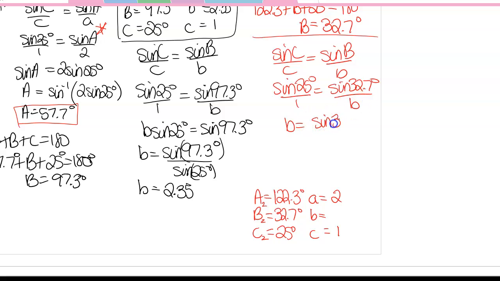So B is sine 32.7 over sine of 25. And that gives me an answer of 1.28. So longest angle, longest side length, smallest angle, smallest side length, middle, middle.